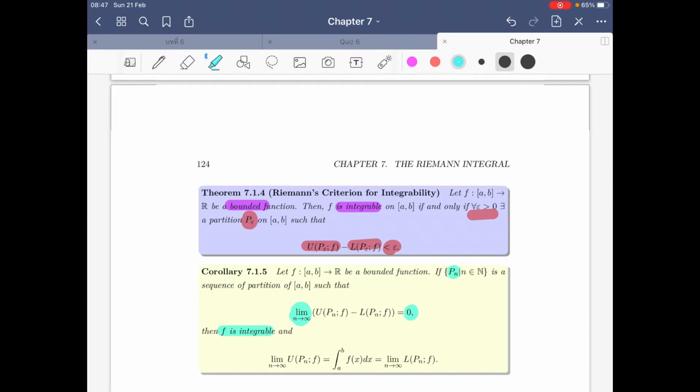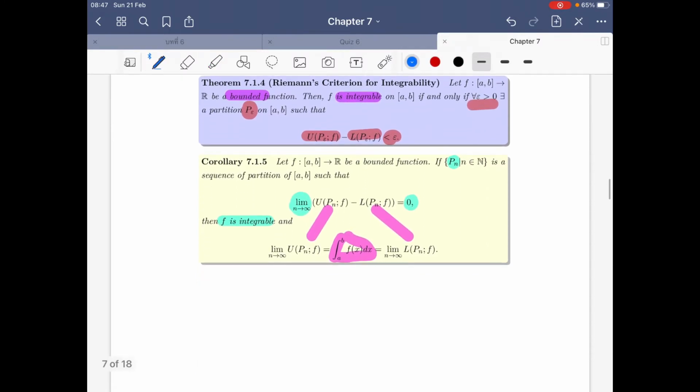And either the limit of the upper sum or the limit of the lower sum will be the same, and it will equal the value of the integral of this function f from a to b. So let us prove this criterion first, and then we are going to also prove the corollary, so that you can use this one to perform any Riemann integration for some other function.